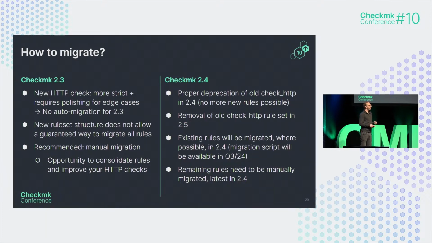On the other side, migrating manually has the opportunity to make use of all these new features. The old rule set, meanwhile, will be deprecated, beginning with Checkmk 2.4 and removed in Checkmk 2.5. This should give you more than enough time to plan and execute your migration properly. And additionally, we're planning to write a migration script that can be executed manually and on demand to auto-migrate at least some easy rules, only if you want to.